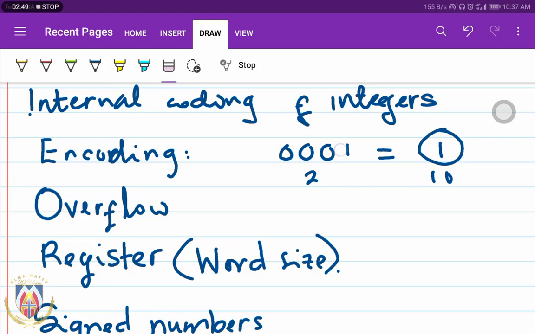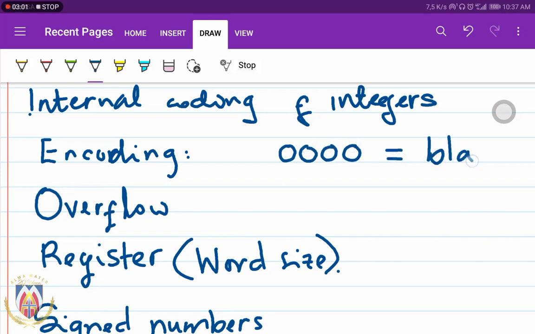Maybe one last example looking at encoding. If you have done some website programming, you may know that 0000 is equal to black. This is the color black, you see. So if the encoding tells us that this register is holding a color, then 0000 will mean the color black.